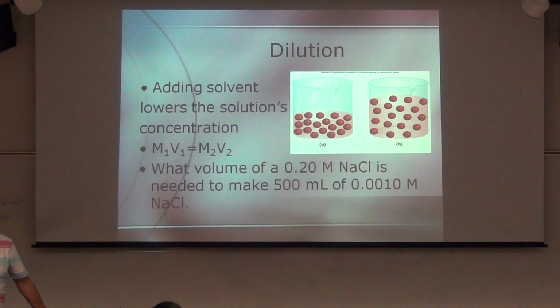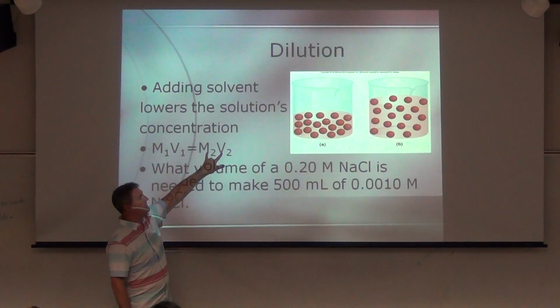And this one you don't have a spot for. The next one you will, when we dilute the sulfuric acid. But we're simply going to take this equation and rearrange it. We're solving for our concentrated volume.